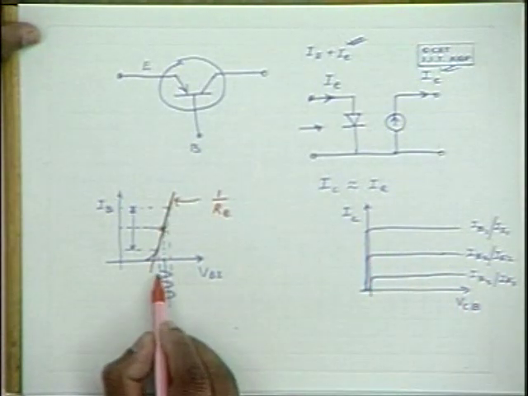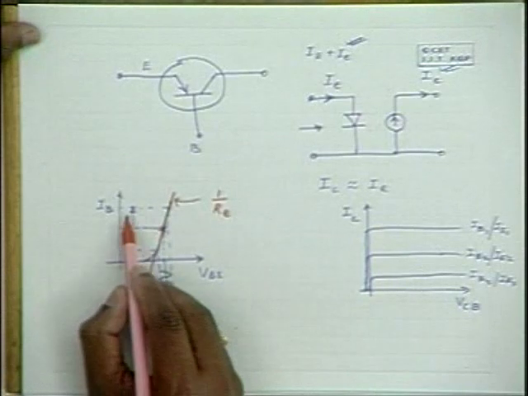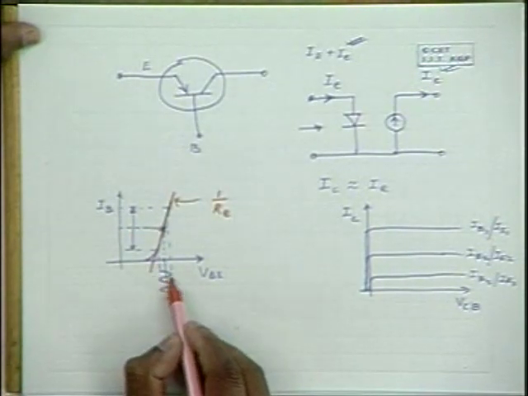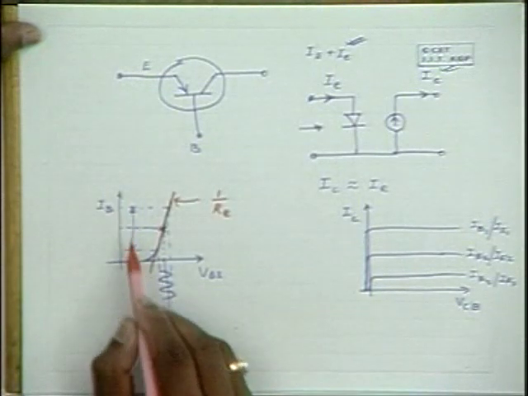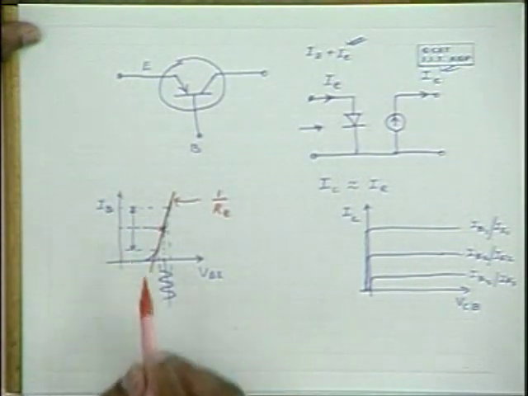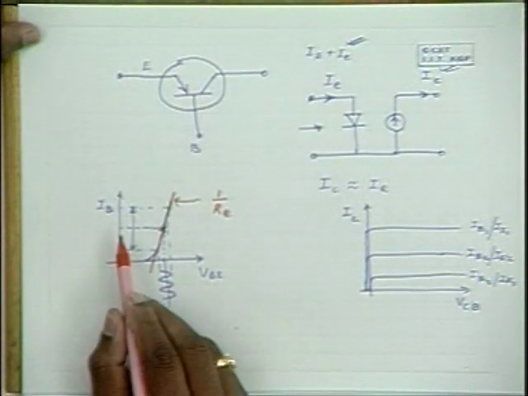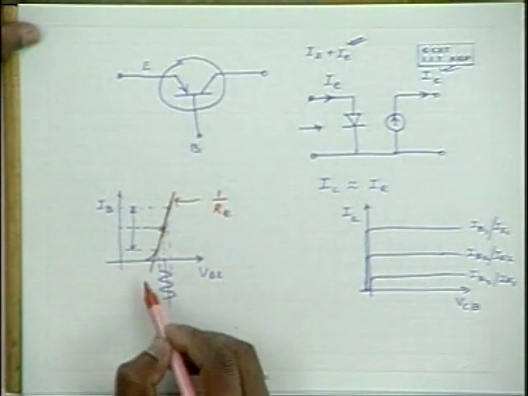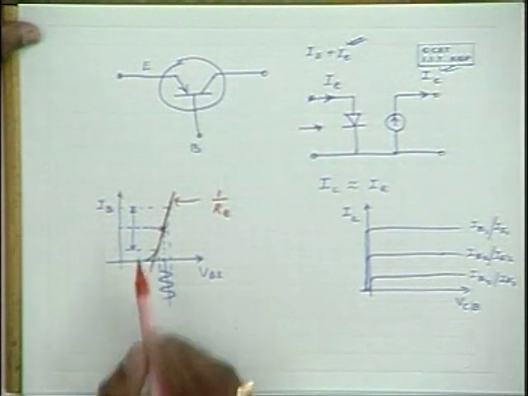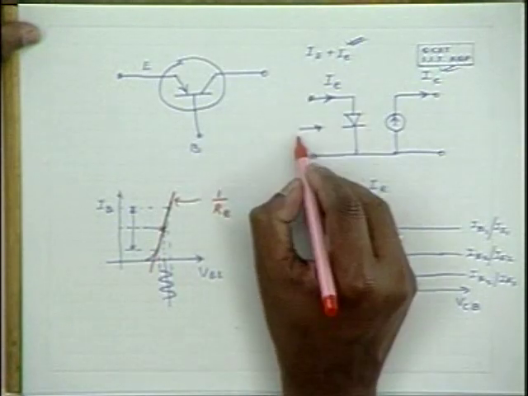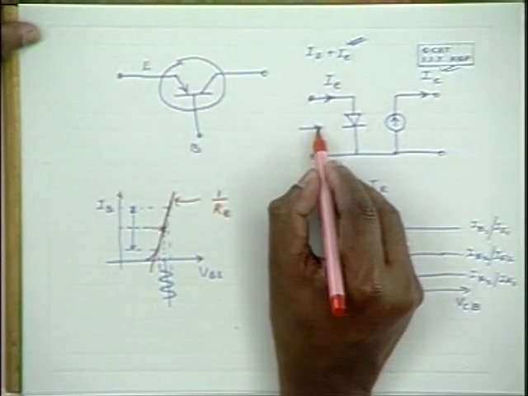For this peak to peak voltage, this is the peak to peak current that is obtained. Now this delta VBE by this delta IB is the alternating component of voltage divided by the alternating component of the current, which can be given by the inverse slope, and that is the impedance that is offered to the alternating signal over here.